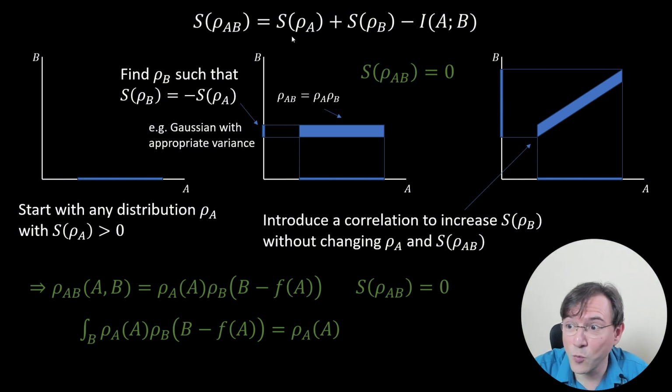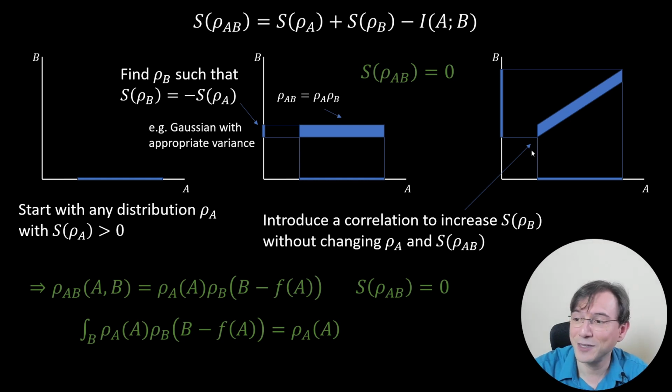Of course, this does not work because we have a negative entropy and we need the entropy to be positive, so what do we do? Well, we can introduce a correlation, and we can do it essentially by shifting these distributions along A.